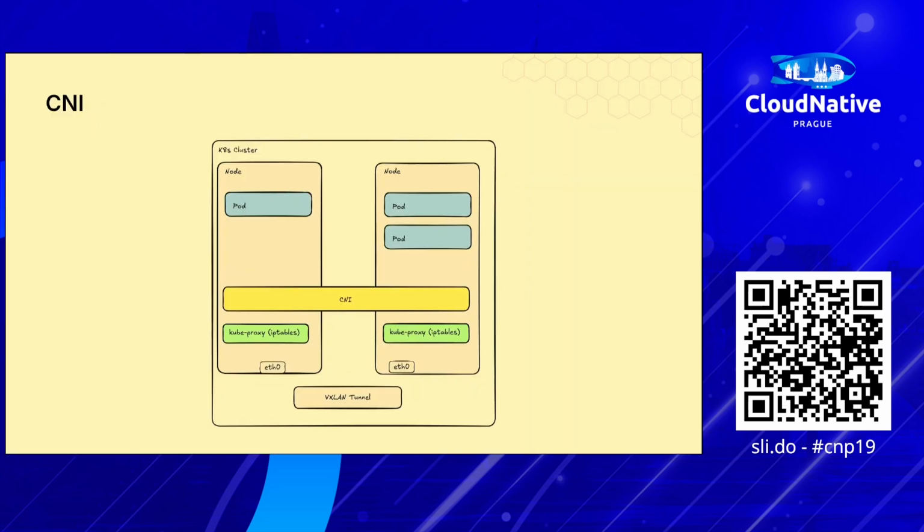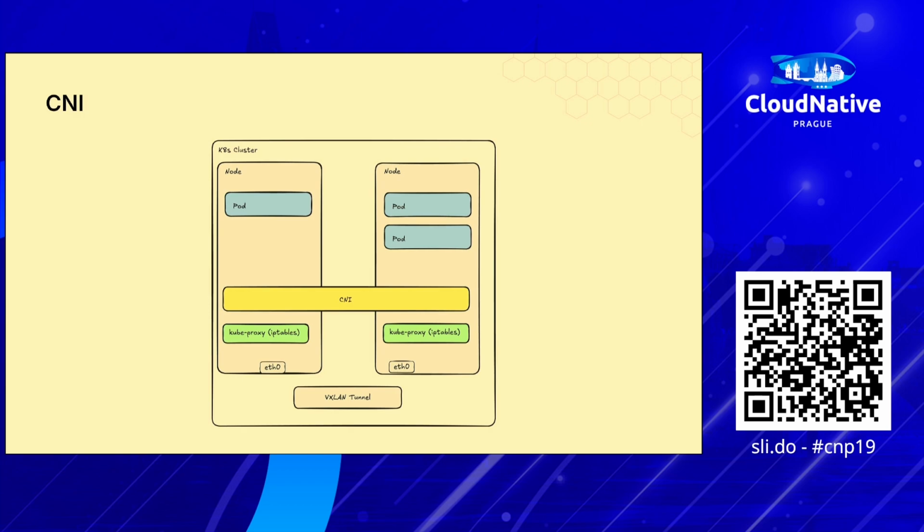So very basic level again. We have a cluster with 2 nodes, a bunch of pods there. CNI is what implements connectivity. There is kubeproxy used for networking as well. Kubeproxy is the component that implements specifically the services for both east-west and north-south connectivity within your cluster.